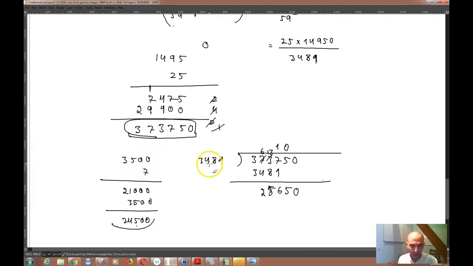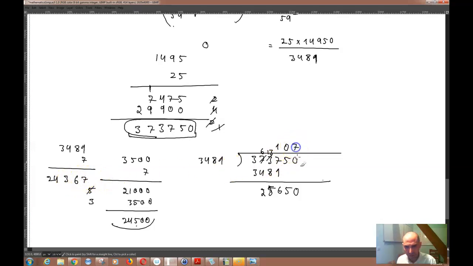So I get basically 3,481 times 7. So 7 times 8 is equal to 56, 7 times 4 is 28, 28 plus 5 is equal to 33, 7 times 3 is 21, 21 plus 3 is equal to 24. So 24,367.